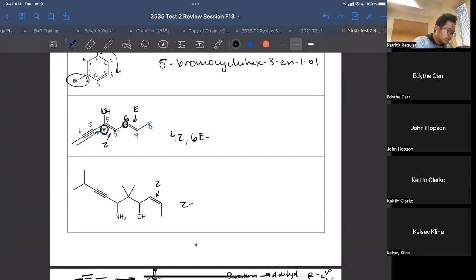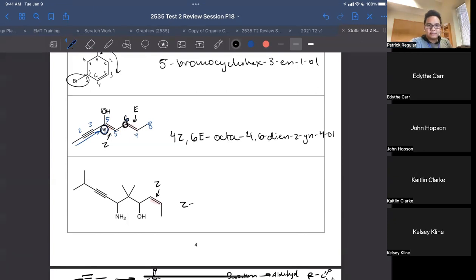This is an octane: octa-4,6-diene. The alcohol is your suffix, so it's octa-4,6-dien-2-yn-1-ol. Make sure you drop that E for the -ol.